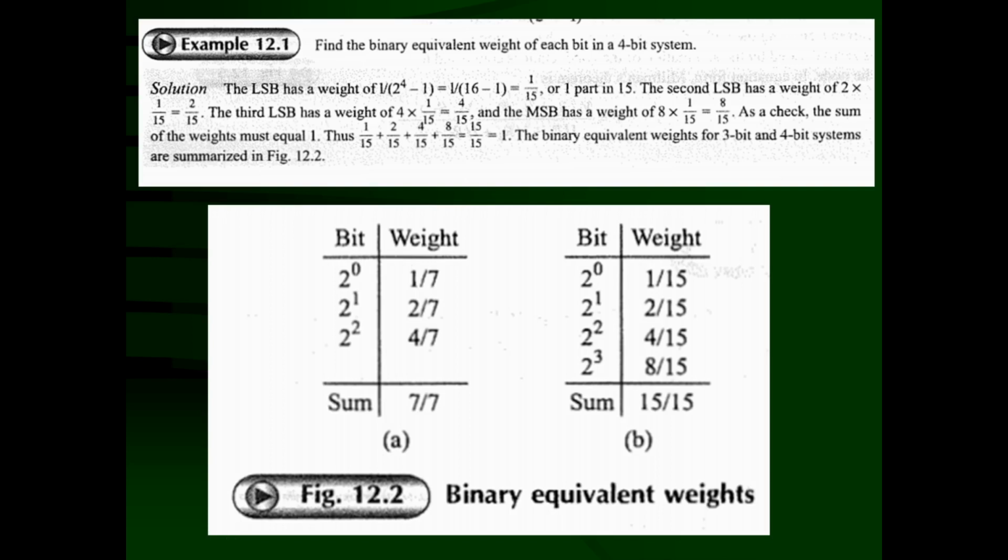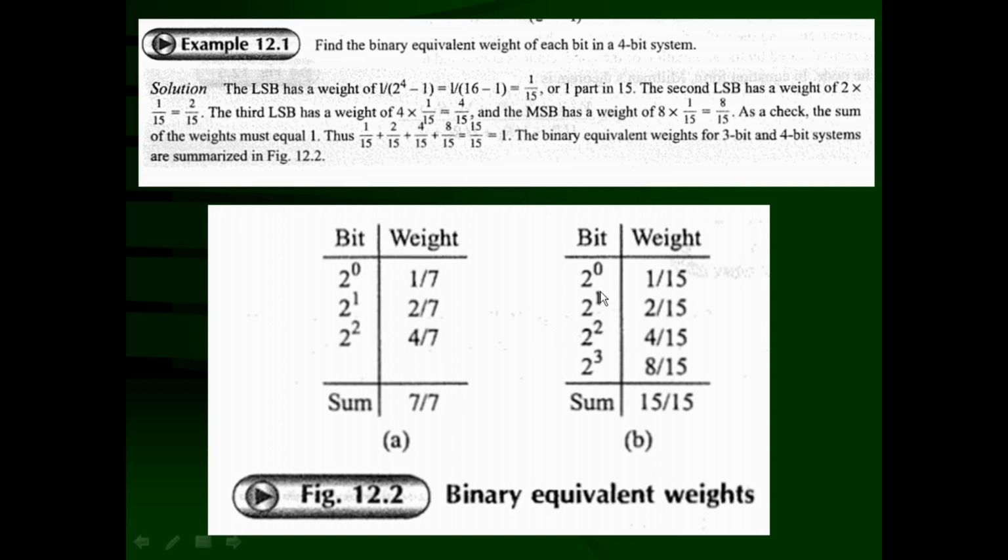The position weight of the second LSB is twice, so 2 by 7, and the position weight of the third LSB is 4 times the LSB, that is 4 upon 7. The summation of these weights comes out to be 7 by 7, and that is equal to 1.